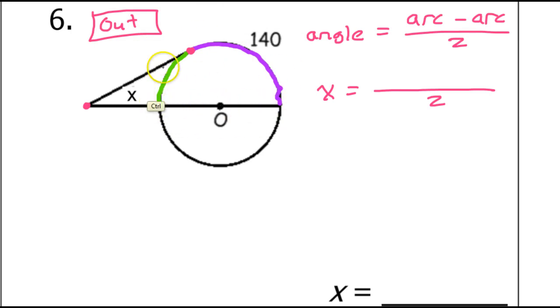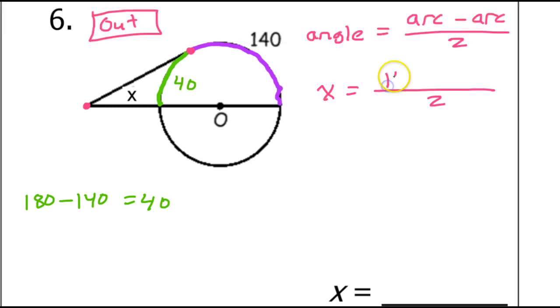That means this colorful part up here is a semicircle. So I should be able to get the green part by subtracting 140 from 180. 180 minus 140 is 40. So the green arc is 40.